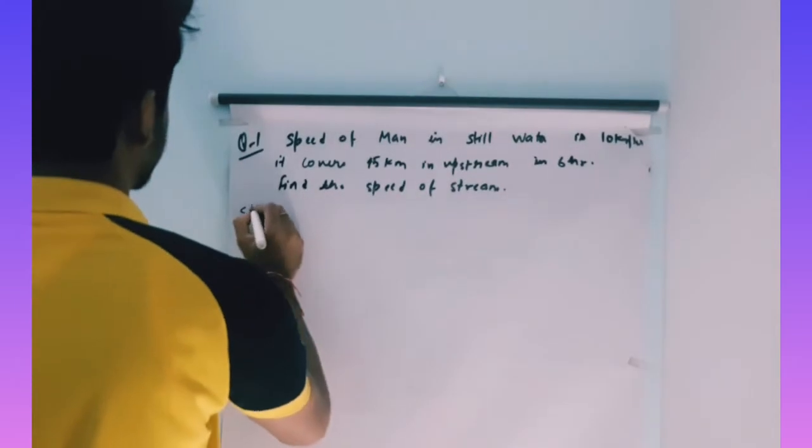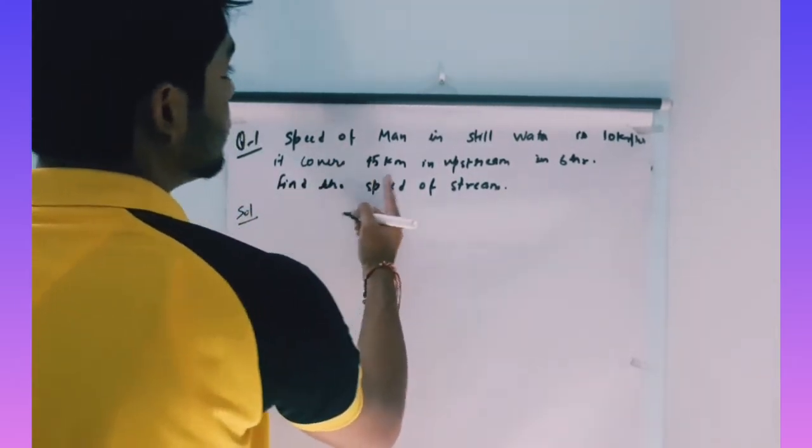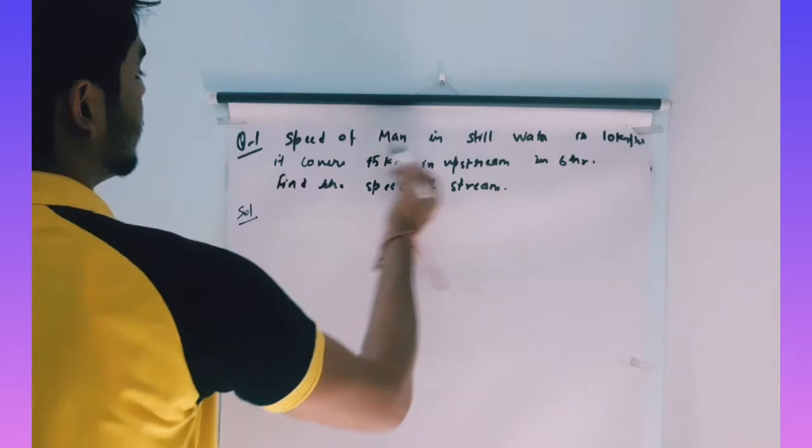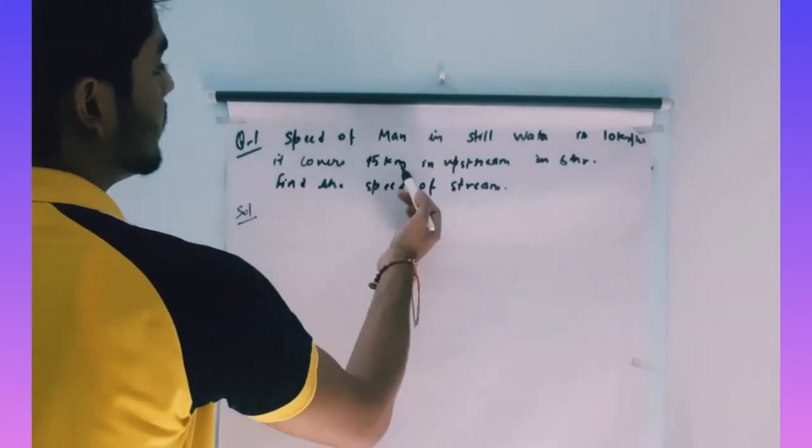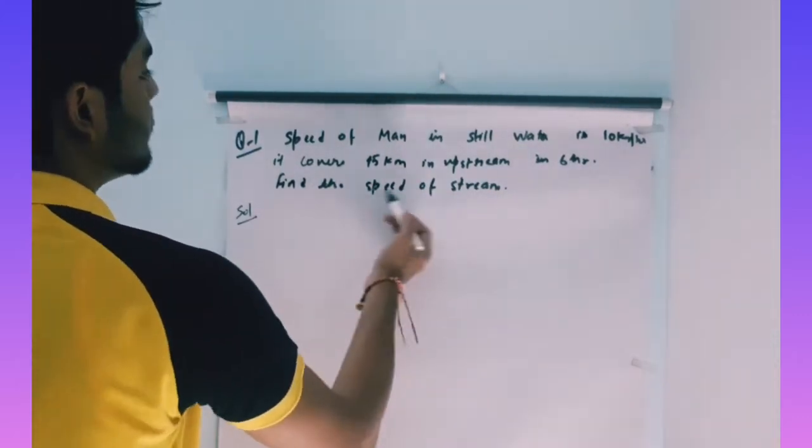Our first question is, speed of man in still water is 10 km per hour. It covers 45 km upstream in 6 hours. Find the speed of stream.